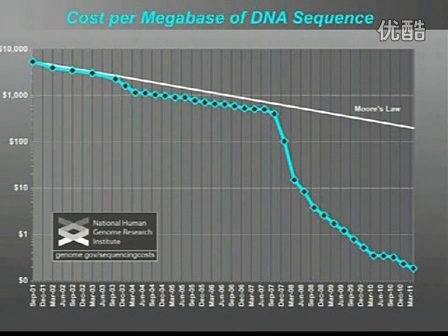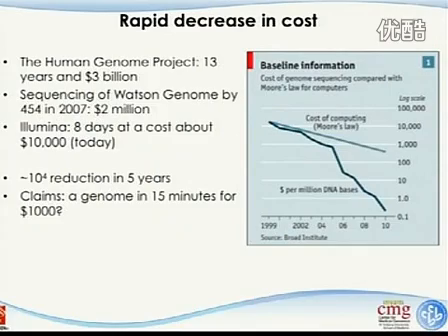This also includes the overhead of the core facility, the administrative costs, and everything together. It's 17 cents per megabase of sequence, a 10,000 times drop in price during the past 10 years. It's fantastic, right?